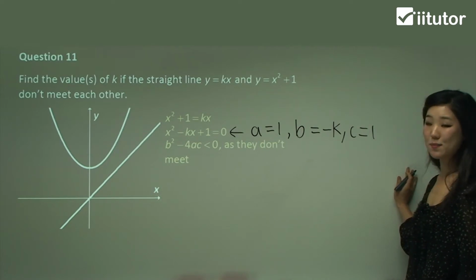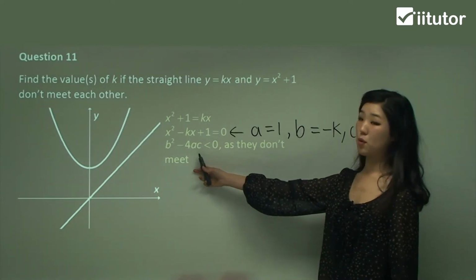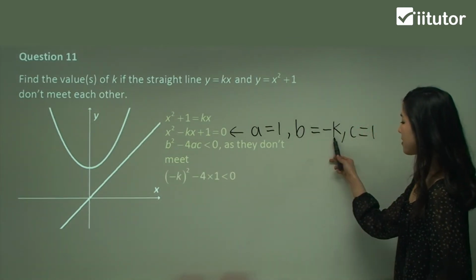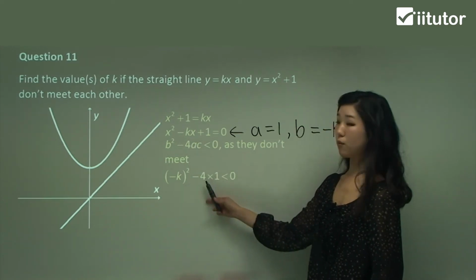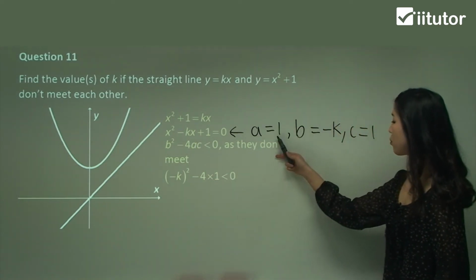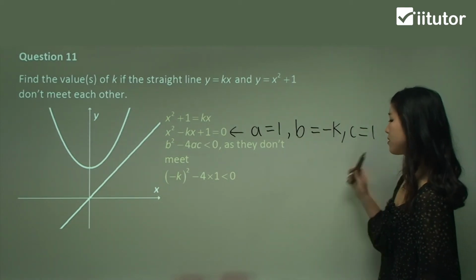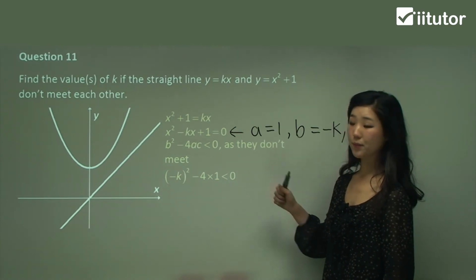So we've got our A, B and C, and all we need to do now is sub it in to b squared minus 4ac is less than 0, like this. So b is negative k, so I put negative k squared minus 4. A is 1, C is also 1, so 1 times 1 is simply 1, isn't it? So I'm just going to put that 1 there, less than 0.